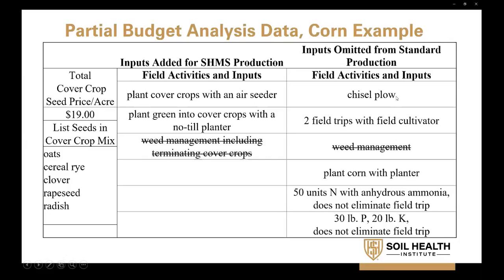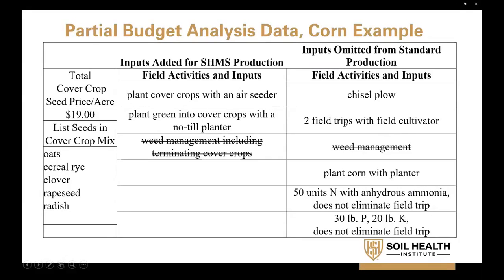The farm ceased chisel plow, 2 field trips with a field cultivator. The farm was using a typical row crop planter to plant the corn. Also, the farm was able to reduce 50 units of nitrogen with anhydrous ammonia. Also was able to reduce P by 30 pounds per acre and K by 20 pounds per acre.